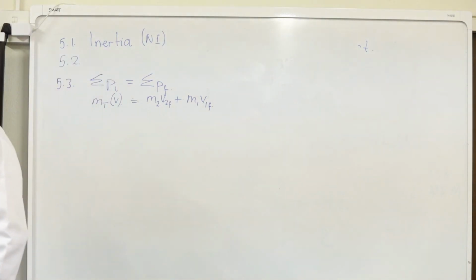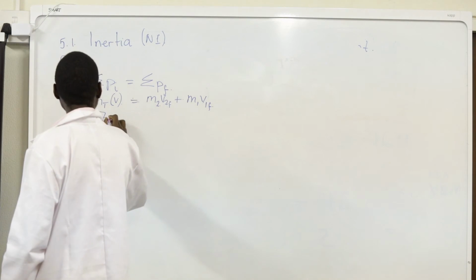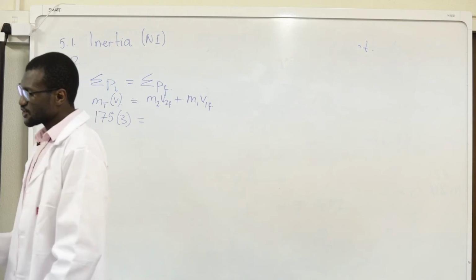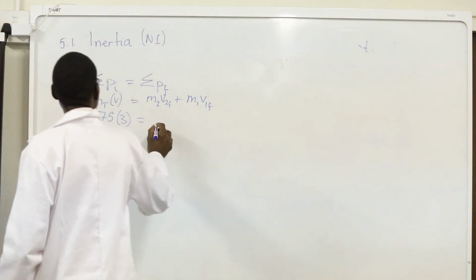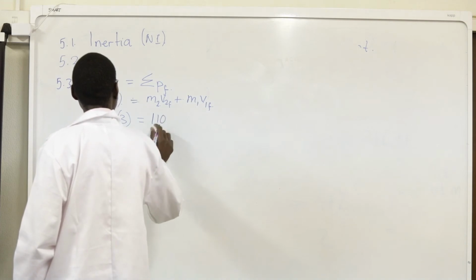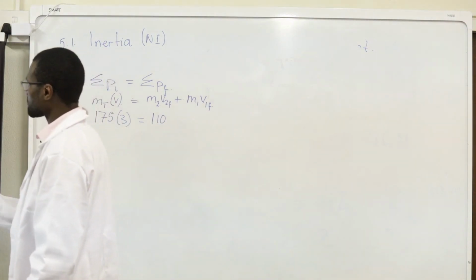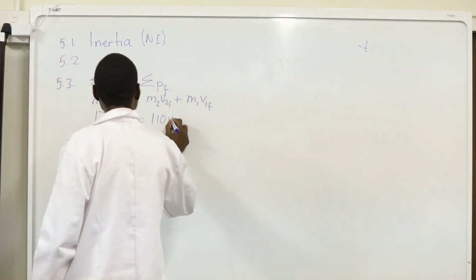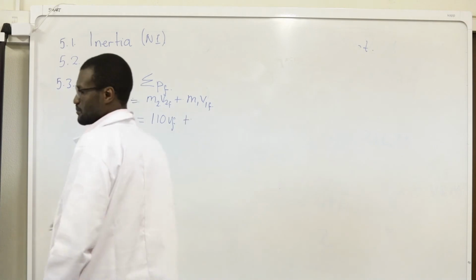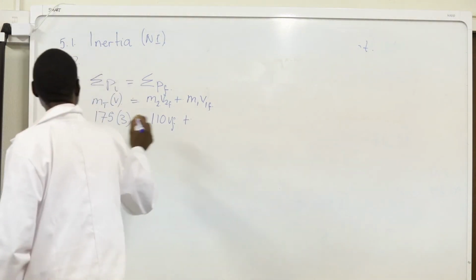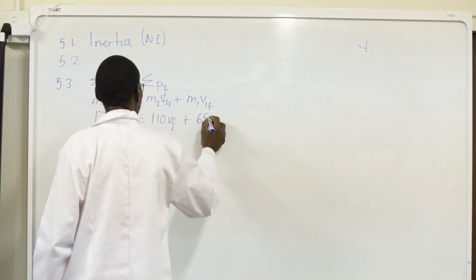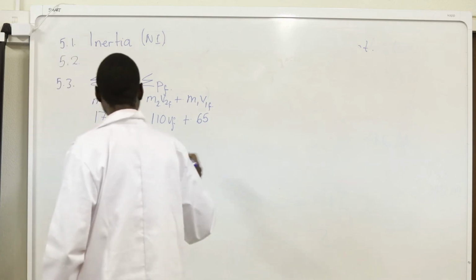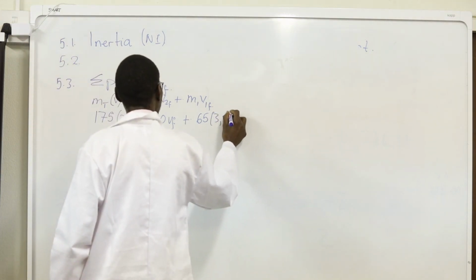This is simply put as 175, that's their total mass, multiplied by 3 is equal to 110, which is the total mass of the one boy and the trolley, multiplied by the velocity final, which we are looking for, plus 65, which is the mass of Jabu times the final velocity of Jabu.